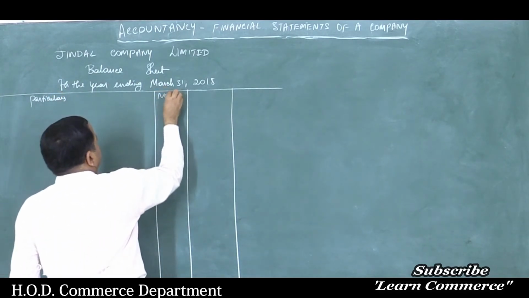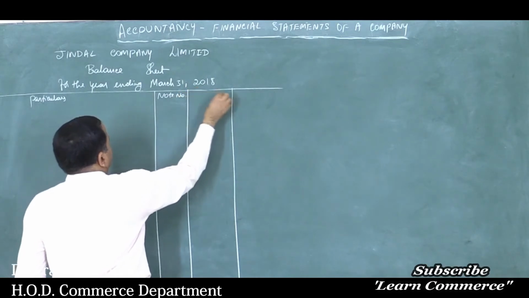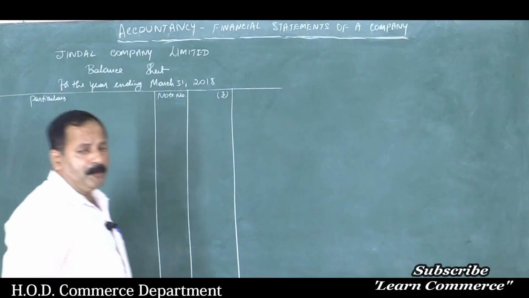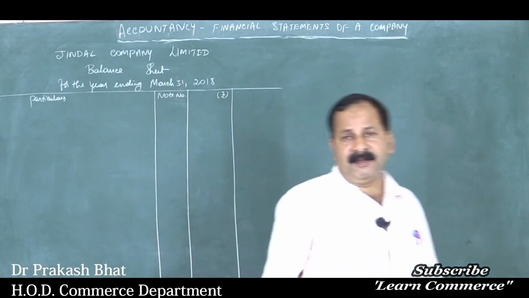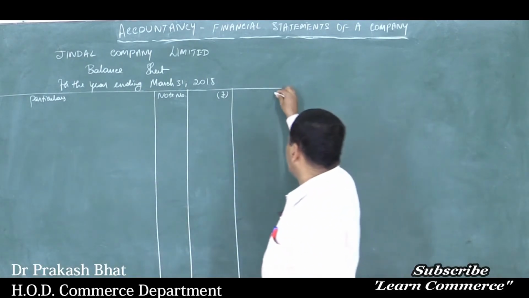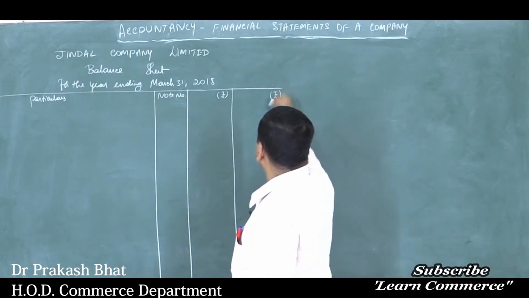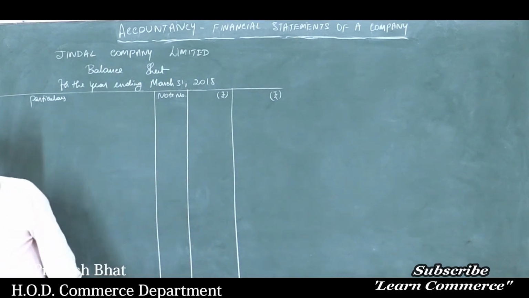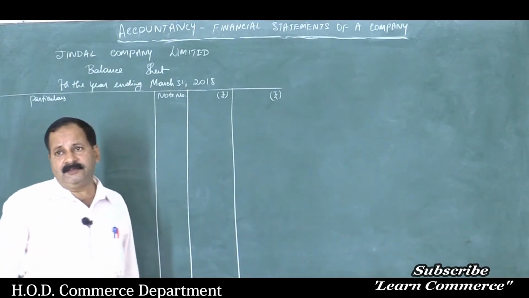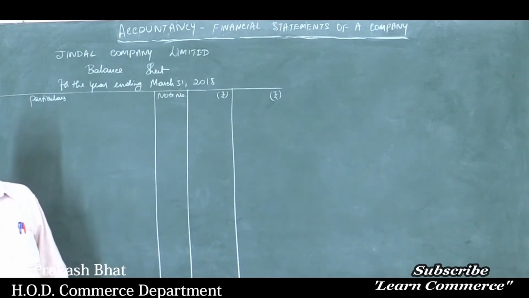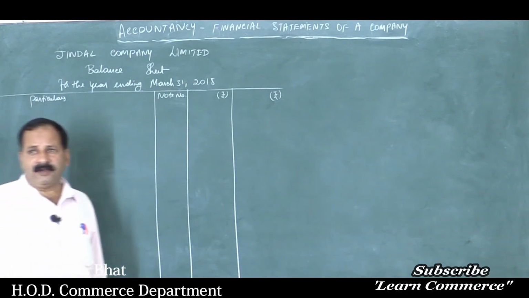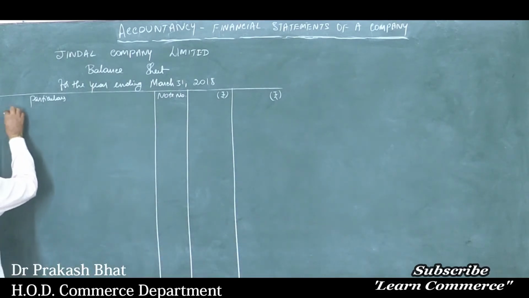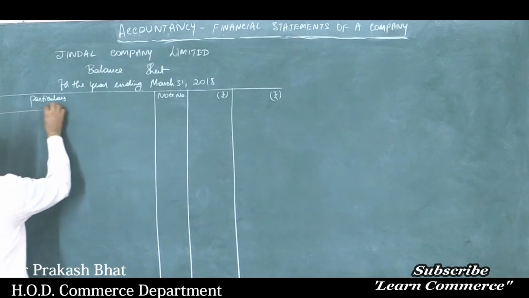Note number, then write here figures as at the end of current reporting period. Then the last column, figures as at the end of previous reporting period. So draw the columns, write column headings, write rupees there in both the columns. Clear? Done? Now let us start.